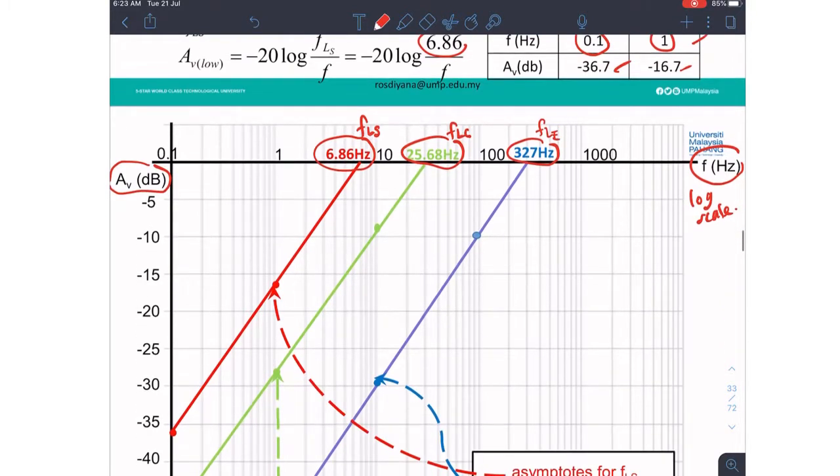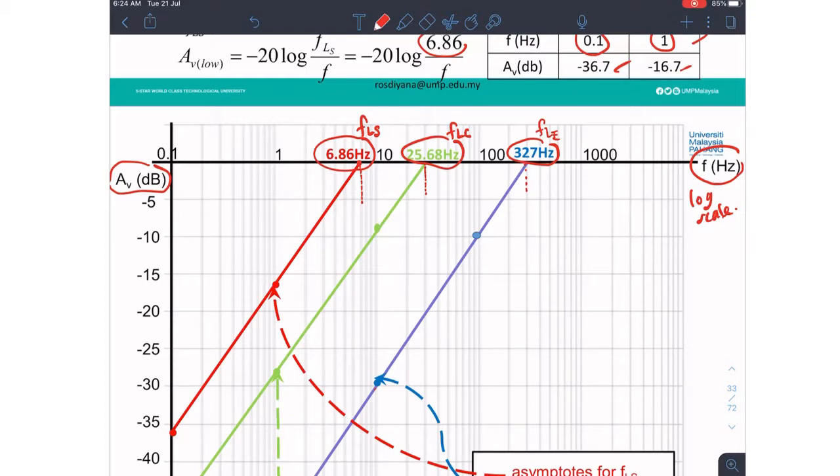So the actual value 6.86 is here, at this line. And 25.68 at this line, and 327 Hertz is this line. You see, this value is in this range, 100 and 1000. But to get its point here, we took a decade in front of its value.